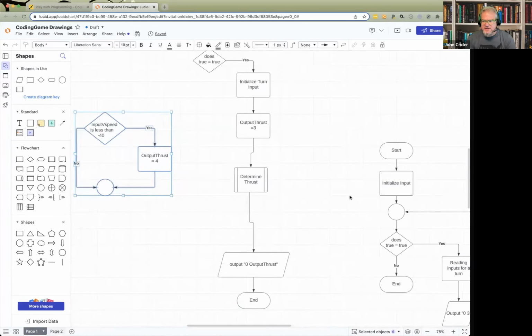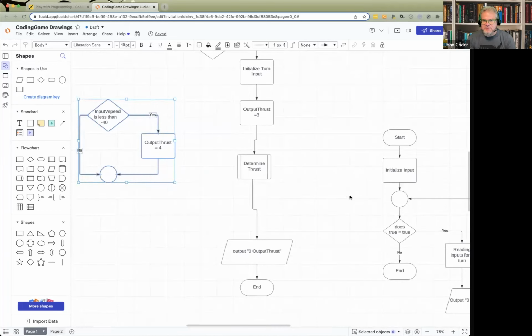And all of a sudden, this looks a lot more similar to this. And actually, I'm not at the end here, am I?